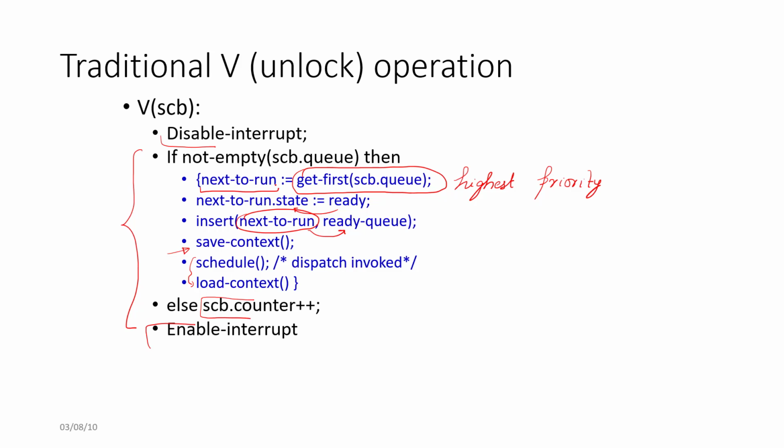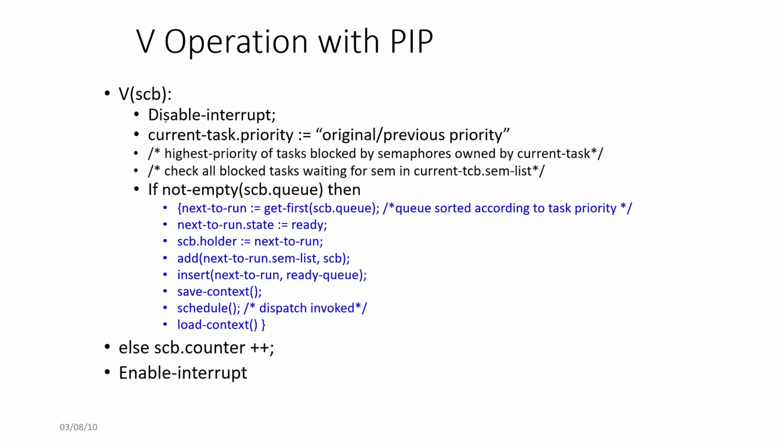In the case of priority inheritance, it is precisely this schedule block which gets changed. So here again we do the same thing by and large. We disable interrupts, we enable interrupts. If the queue is empty, we simply increment the counter.